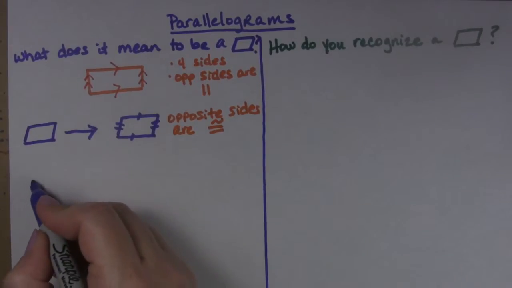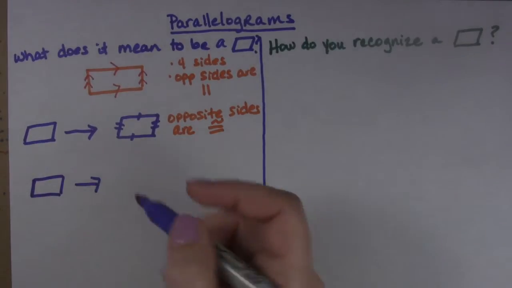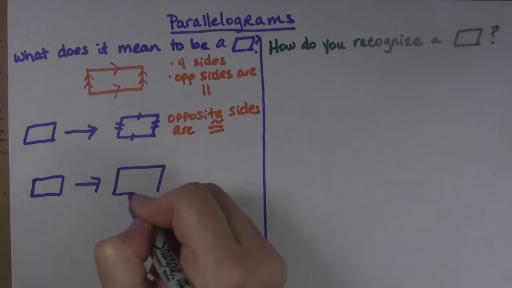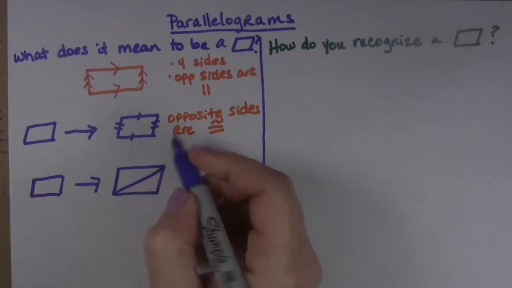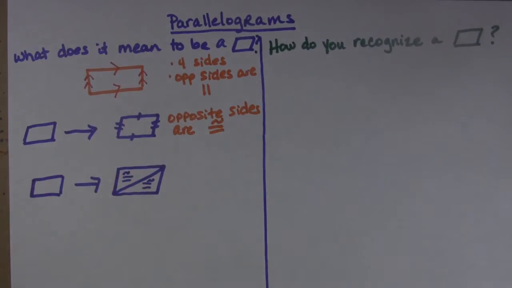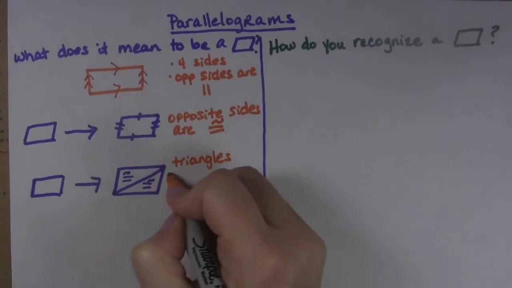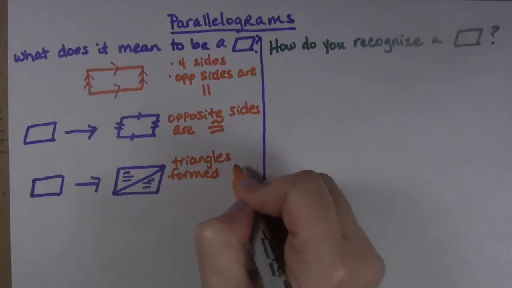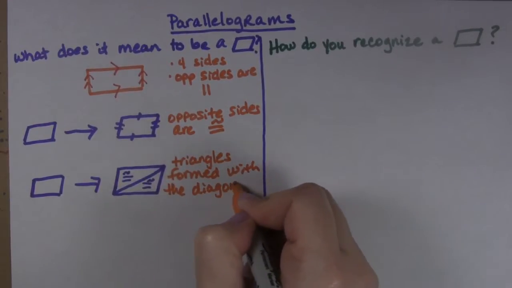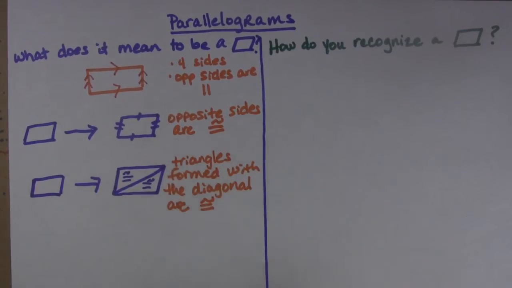Here's another thing that we know about parallelograms. Parallelograms imply that these two triangles formed by the diagonal, they are congruent. So triangles formed with the diagonals are congruent.